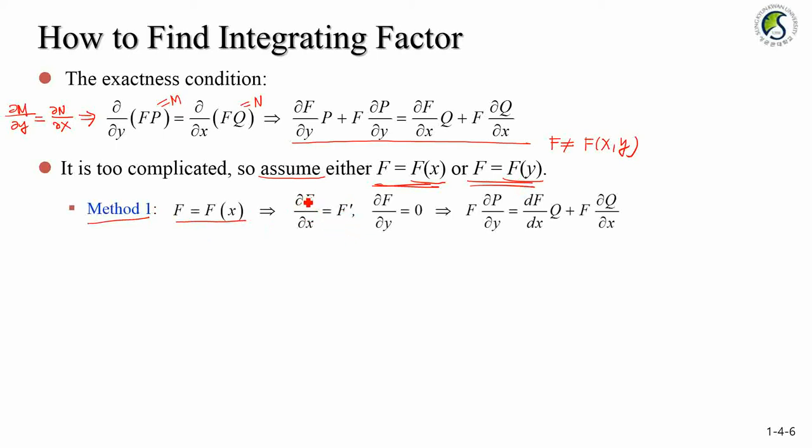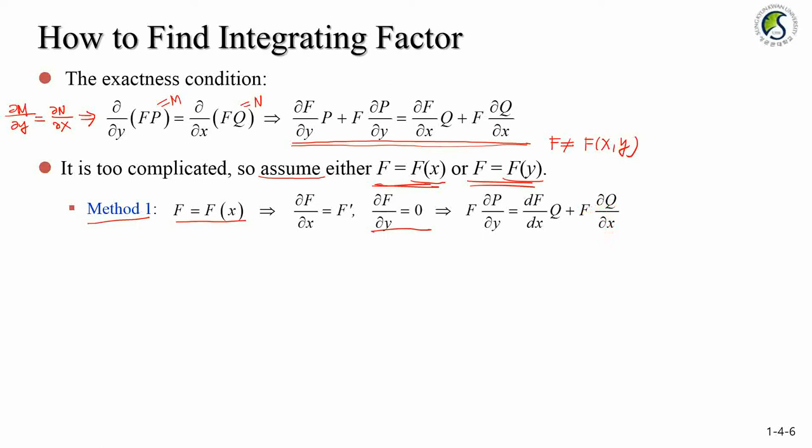So the partial derivative ∂f/∂x is simply f prime, the total derivative, right? So ∂f/∂y is 0. And we can simplify this using these zeros. We have this term left: f ∂P/∂y equals ∂f/∂x Q plus f ∂Q/∂x.